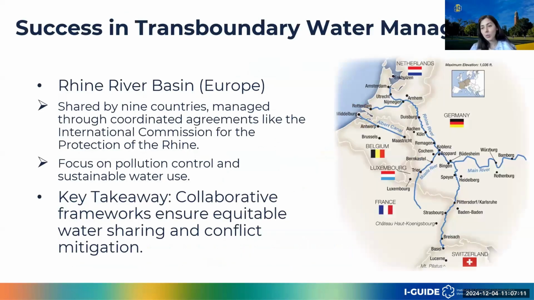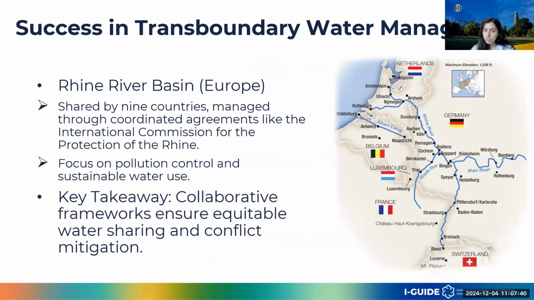So it's not that all the time there is a conflict over transboundary water. There are many good examples of successful transboundary water management. One of these examples is the Rhine River Basin in Europe. This river is shared between 9 countries, and it's managed through coordinated agreements like the International Commission for the Protection of the Rhine.